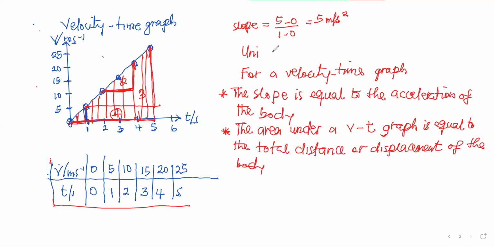So class, under a displacement and a velocity time graph, we are getting two features. The first one is that the slope of a velocity time graph is equal to the acceleration of the body, and the area under a velocity time graph is also equal to the total distance traveled.